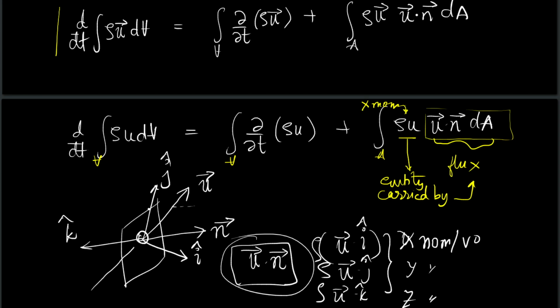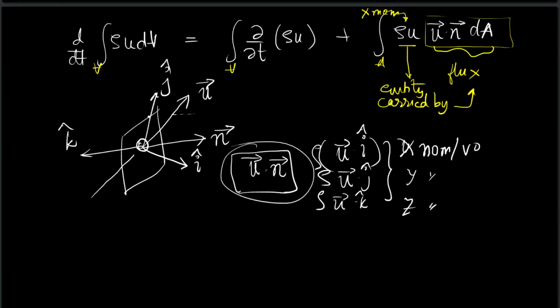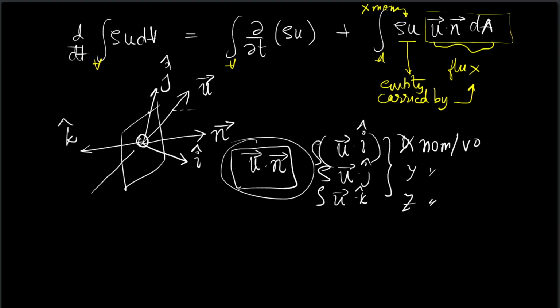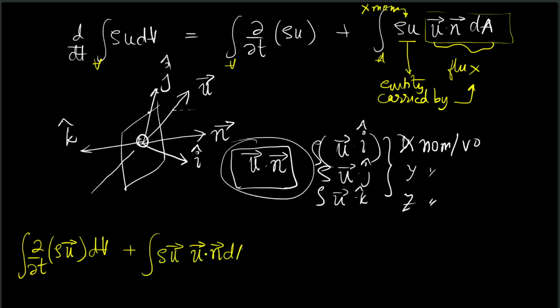I hope this particular concept is clear, and if not, it will be clearer through the examples that we will do. So now if the control mass is moving with the velocity of the fluid, the left hand side we have already seen is this particular term, and on the right hand side, what causes this rate of change of momentum?